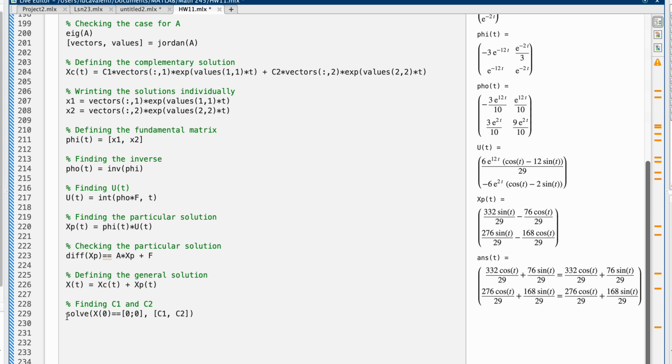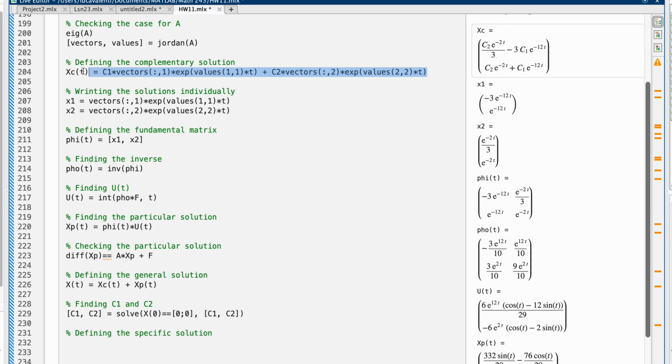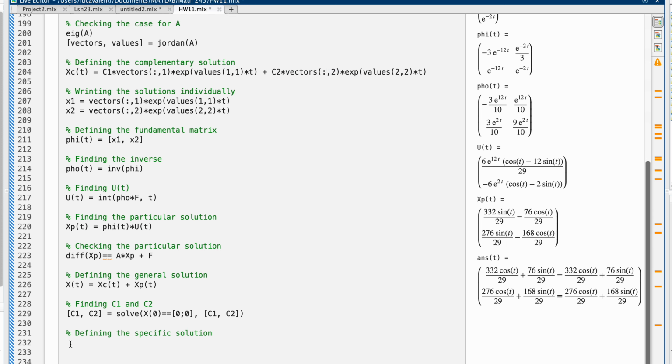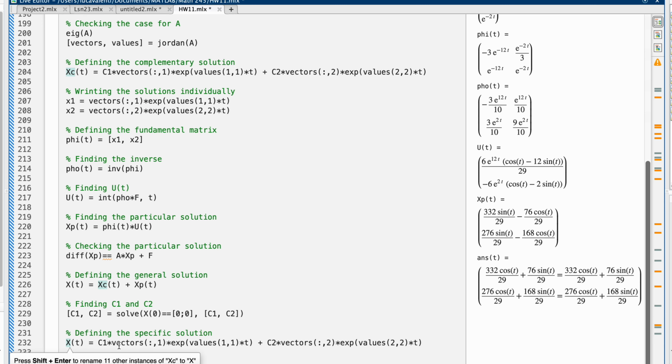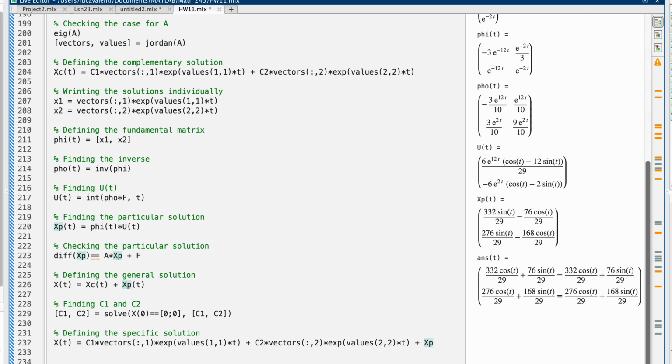So now we're going to want the C1 and C2 to be renamed. And so we're going to have this, and then defining the specific solution, what we do is we take this and we rewrite it, because then we know that MATLAB is now going to have C1 and C2 values in there stored for these symbols plus XP.